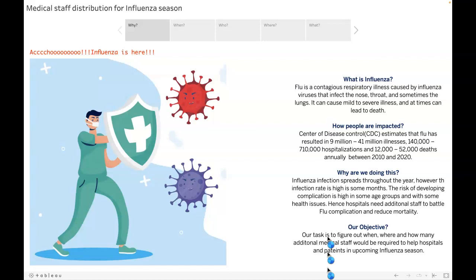we have to understand certain points about the data. We are using two sets of data today. One is US population data sourced from the US Census Bureau, and second, influenza mortality data by the CDC. The influenza mortality data is a monthly death count across different age groups.